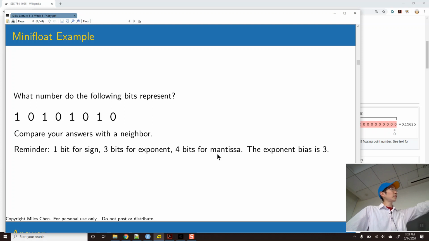Maybe it'll take too long. I don't know, maybe you guys will get it. But let's just start with the exponent. What are the exponent bits, and what exponent value does that represent?